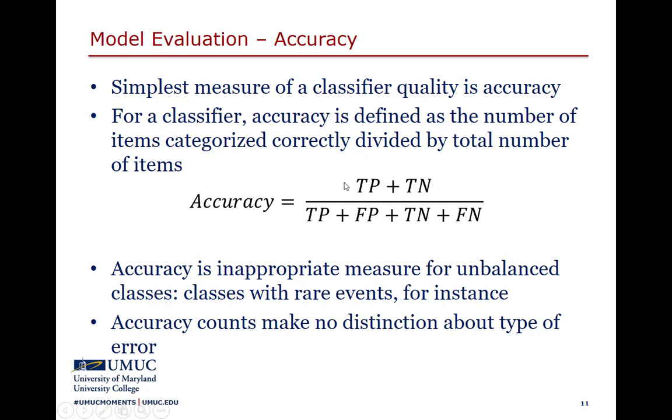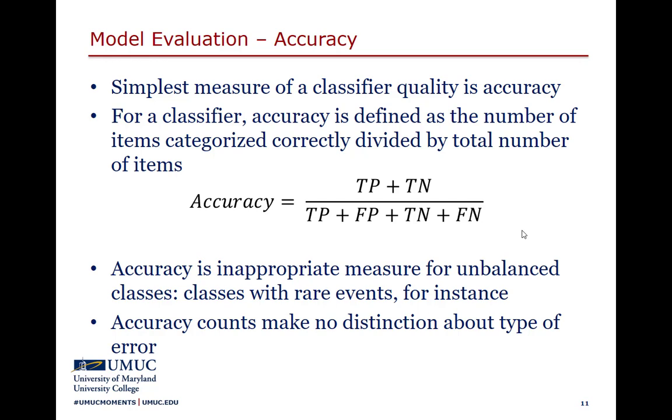So you add up both the true positive and the true negative predictions of the model and divide by the total cases you have. If you're evaluating on the training, it's the number of cases in the training. If you're evaluating on the test, then it's the test cases. But like I said before, to avoid overfitting, you always have to compare the performance on the training with the test. So you have to calculate the accuracy on both samples. And again, it's a simple measure.